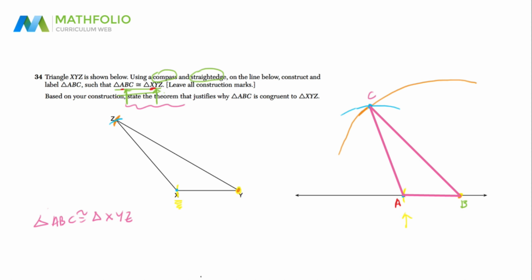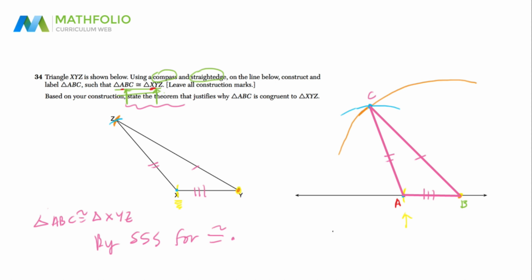So therefore, in this case, this distance was the same as this one, this distance was the same as this, and also this distance was the same as this distance here. So therefore the theorem is by side, side, side for congruency.